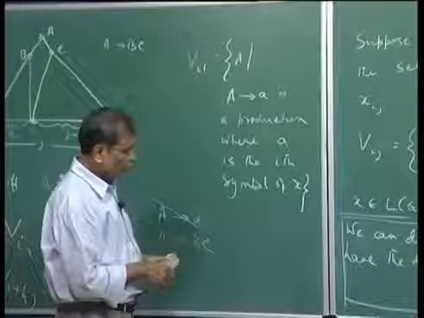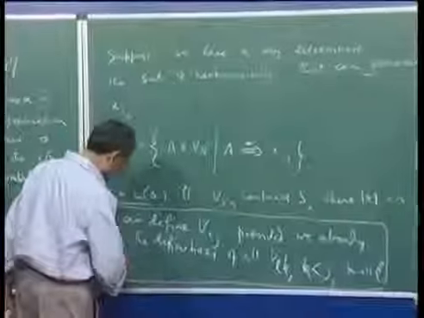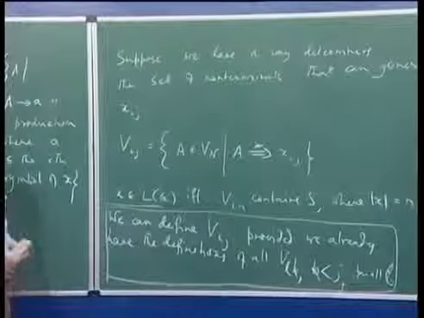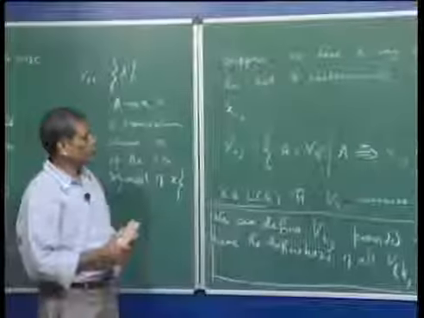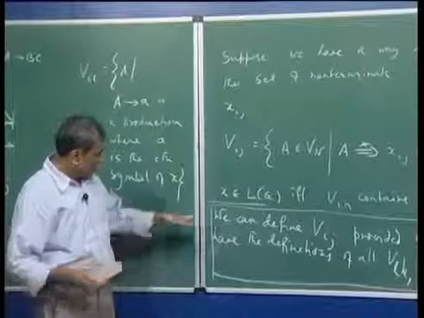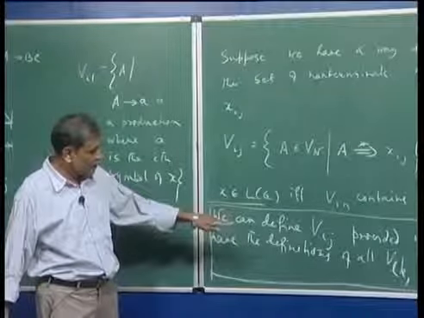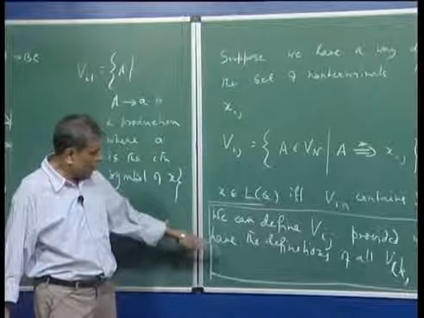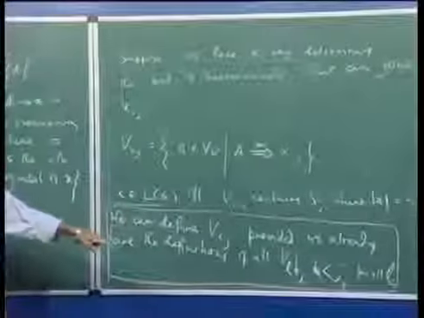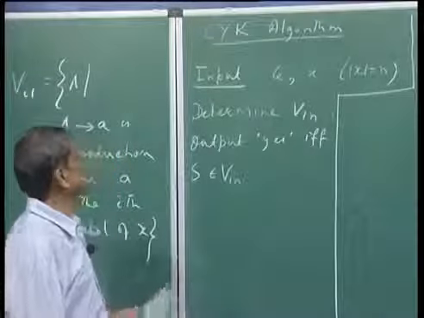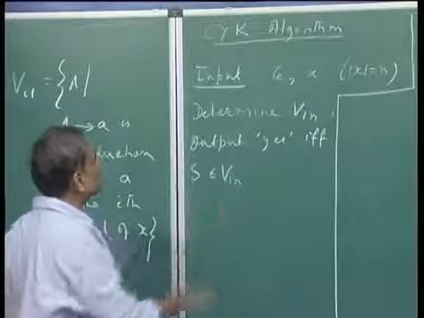And that's the idea. So what we started off by saying, that we need to prove this in order to get the crucial idea behind the dynamic programming algorithm, we have now managed to demonstrate: we can define Vij provided we already have the definitions of all Vik where k is strictly less than j. Therefore, the CYK algorithm is at the higher level very simple to describe.